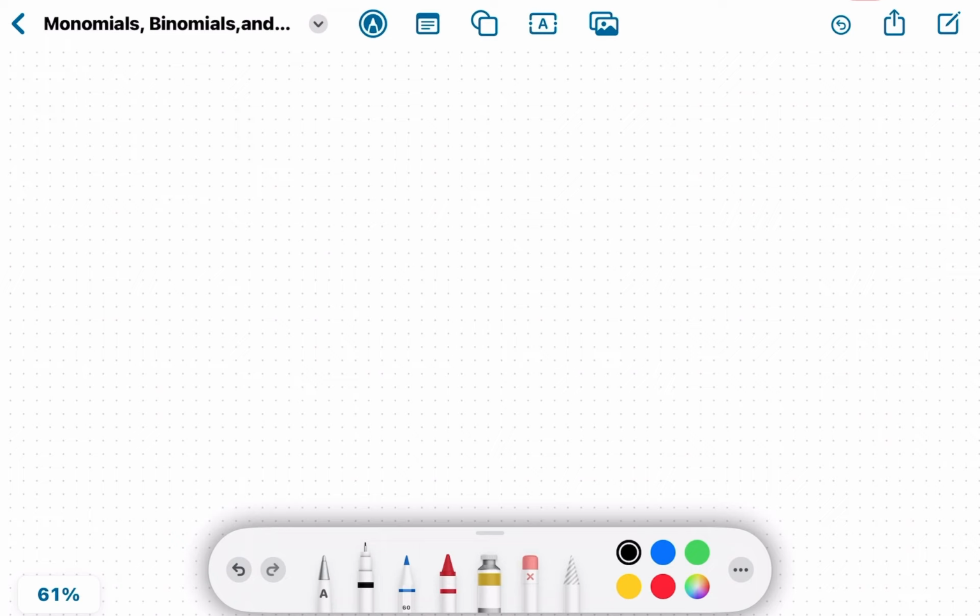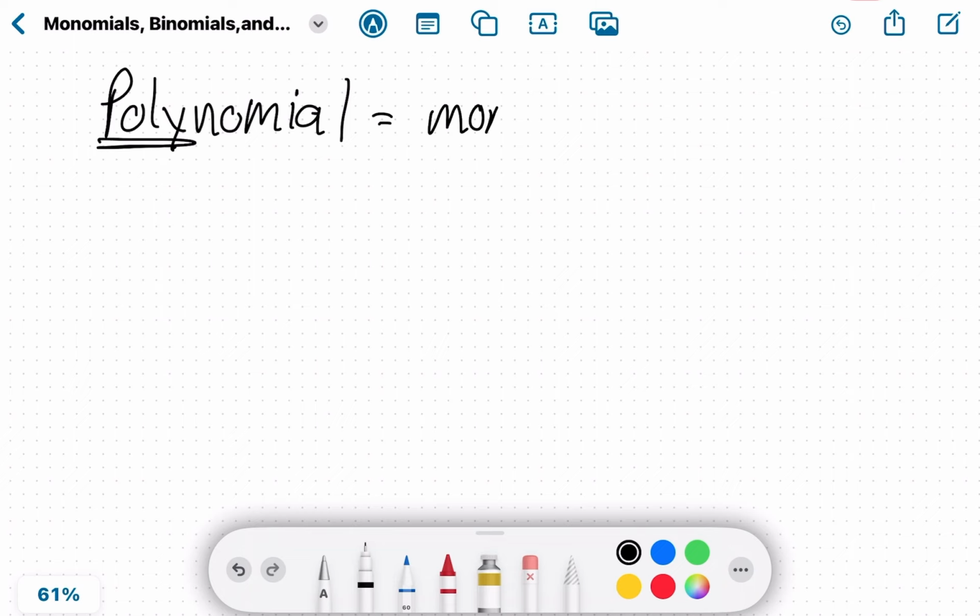If you hear polynomial, poly means many, meaning 3 or more. I like to use trinomial because it's a little more specific, but sometimes people will refer to a trinomial as a polynomial because it has more than 2.